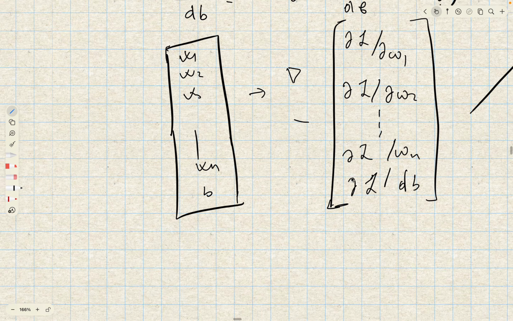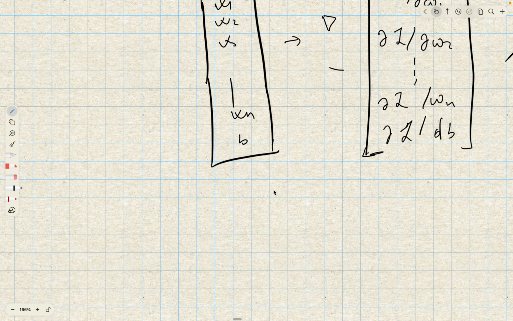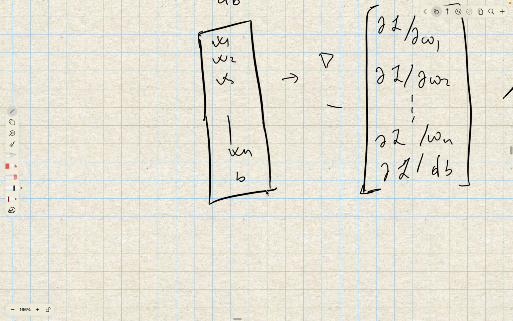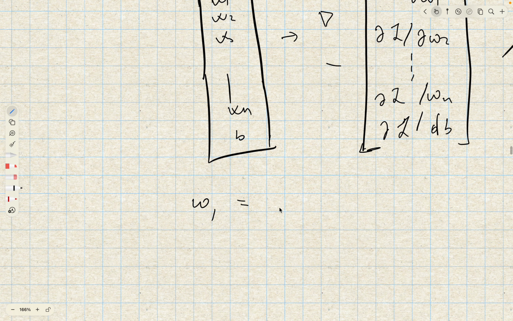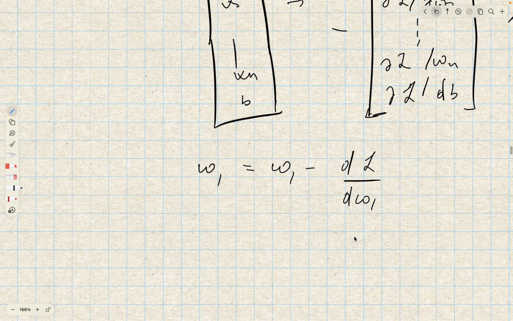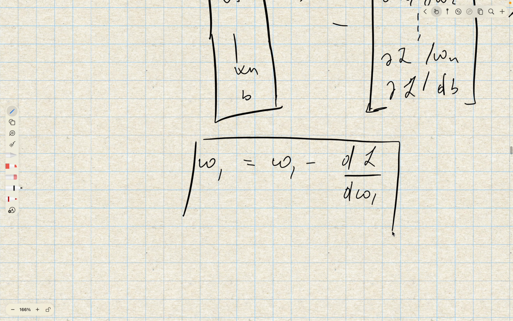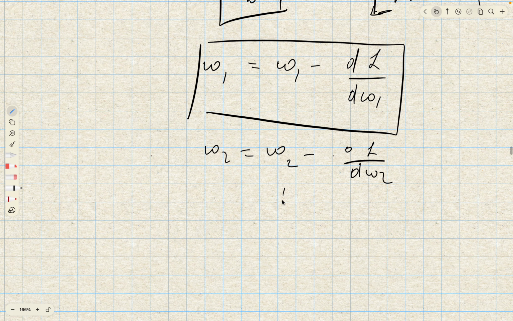Once we find this, we update V1 to be V1 minus alpha times dL/dV1, V2 to be V2 minus alpha times dL/dV2, and we go in the same fashion, doing it at the same time for all of the parameters.